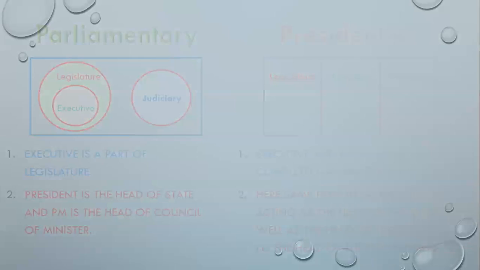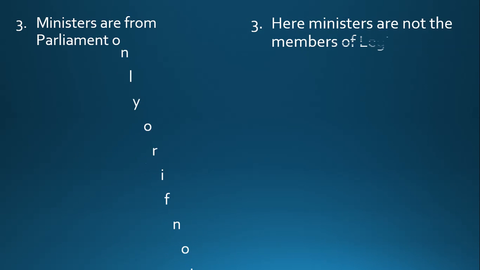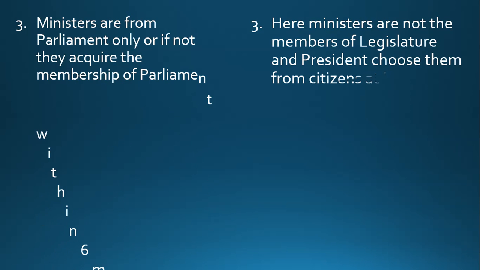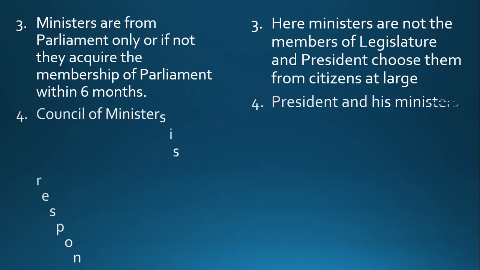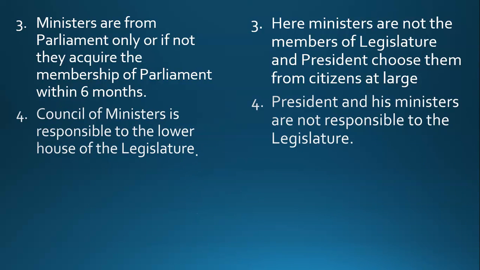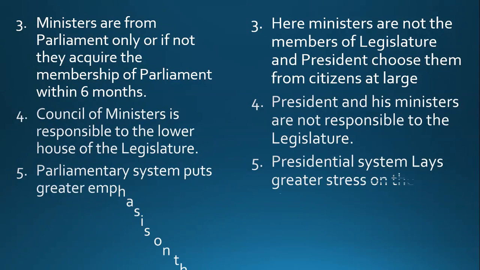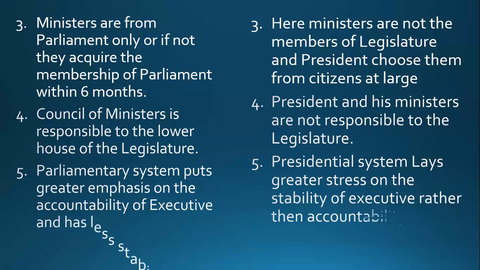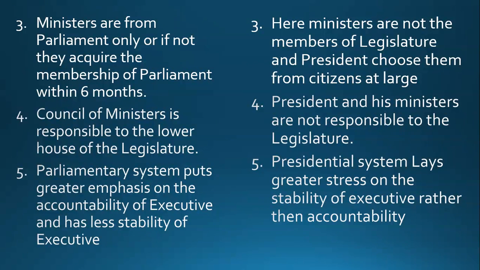Now friends, what is the third difference? So friends, in the parliamentary form of system, ministers are from parliament only, or if not, they acquire the membership of parliament within 6 months. Now what does it mean? It means that if anybody wants to become a minister in India, for example, India follows the parliamentary form of system, then he should be a member of either house of parliament.